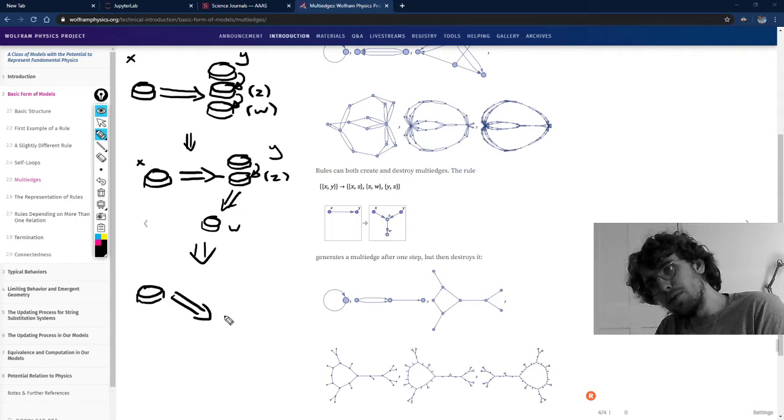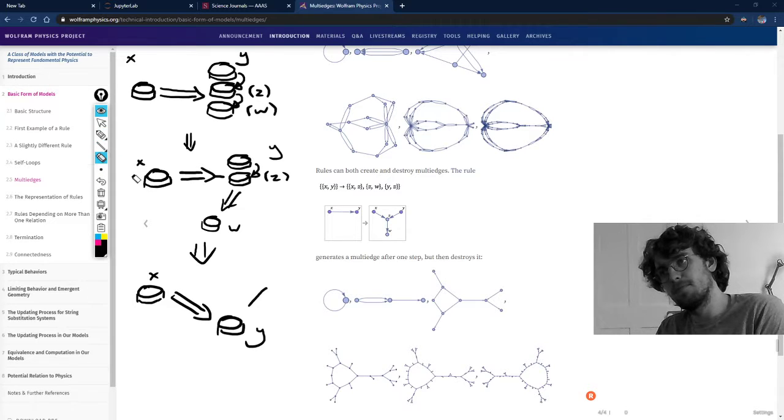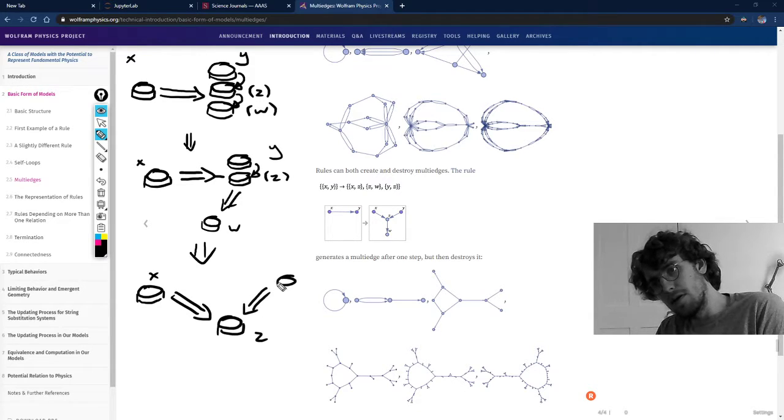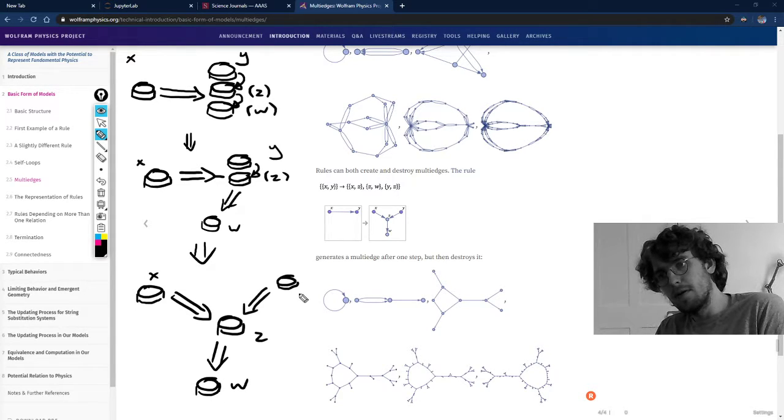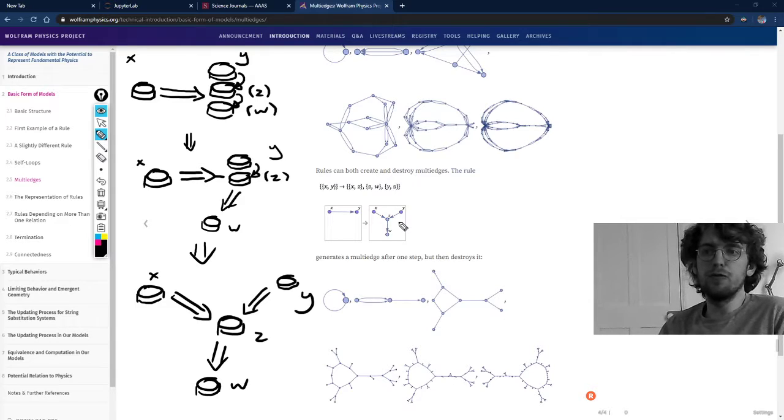So now we've actually pulled Z out from under the stack as well. X goes to Z, and obviously we're still pulling on W. And we get to this formation.